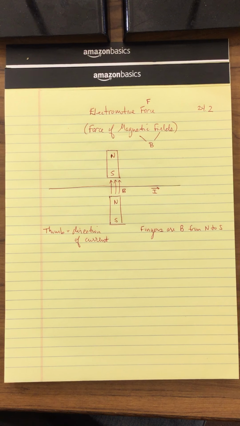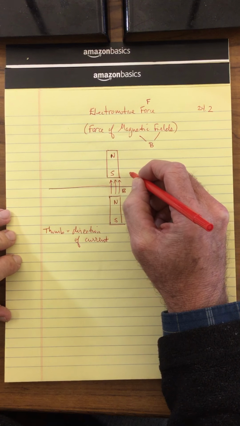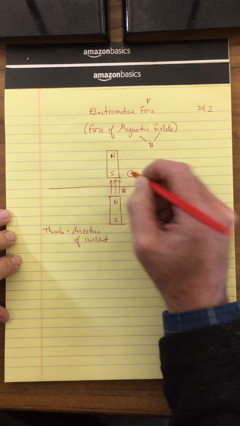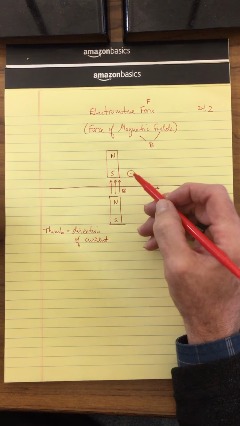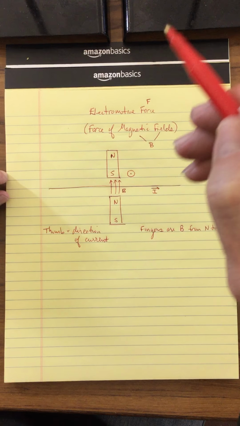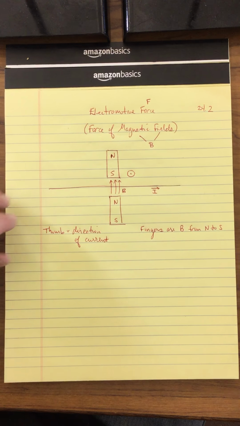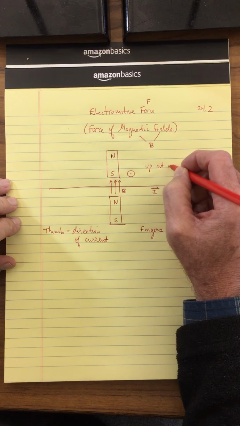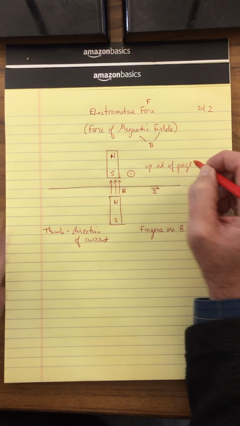If the arrow is coming directly toward you, then you're going to see the point of that arrow. So the symbol that we're going to use is this right here. This is not in normal physics books, but this symbol means that the arrow is coming towards you, coming up out of the page.